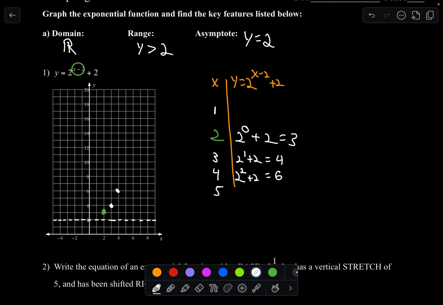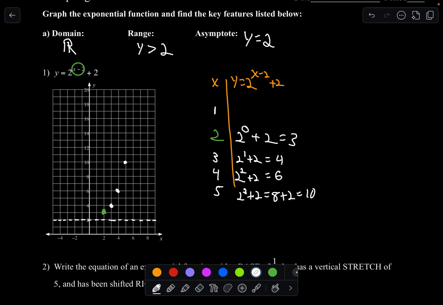And if we put 5 in, 5 take away 2, again I'm always plugging it into this expression, is 3. So this is going to be 2 to the third plus 2. That's 8 plus 2 equals 10. So when x is 5, we're up here at 10.